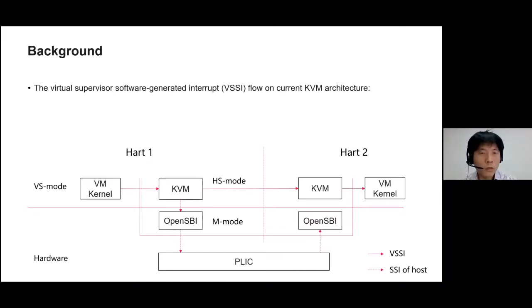When the machine mode interrupt arrives at the other hart, the hart first switches to machine mode. OpenSBI injects a software interrupt to the host kernel. Then the host kernel realizes that there's a saved software interrupt for the guest, and injects this interrupt to the guest when resuming the guest. We can see that virtual software interrupt also introduces a number of traps, resulting in the same situation as virtual timer interrupt.